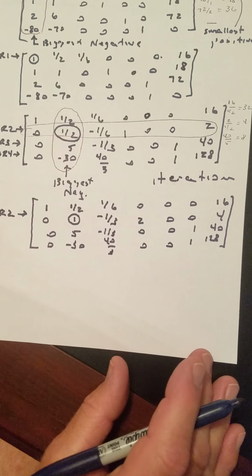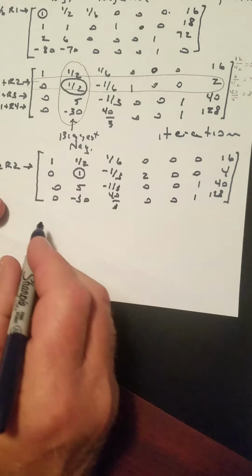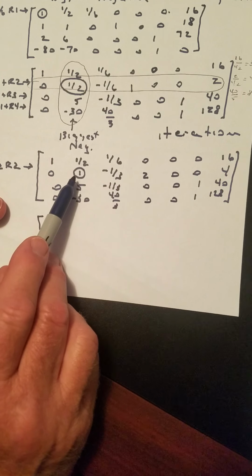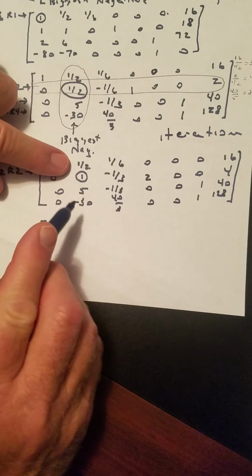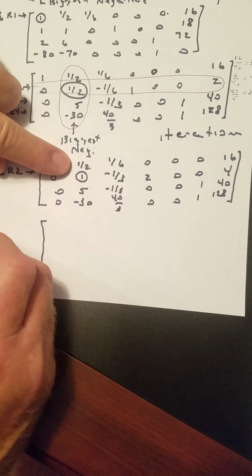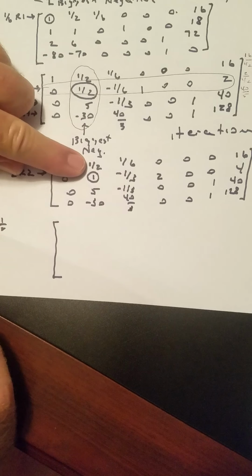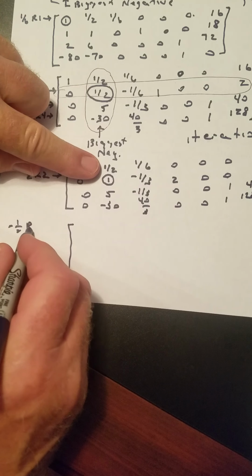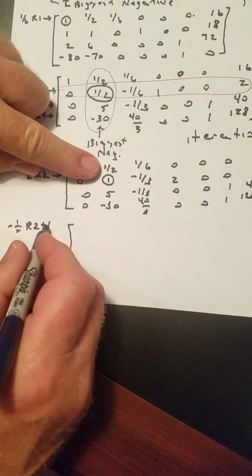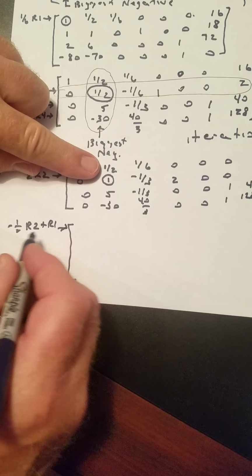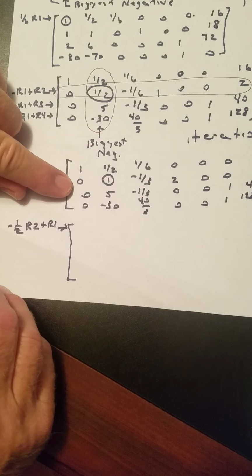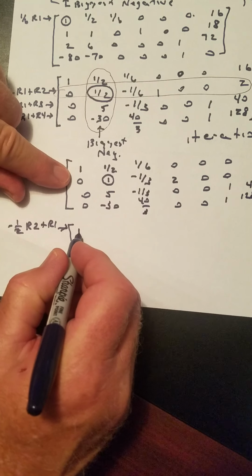Okay, we got one more matrix. We got the 1, now you got to get 0. So to get a 0 up here, I'm going to take negative 1/2 times row 2 and add it to row 1. So negative 1/2 times 0 is 0, plus 1 is 1.